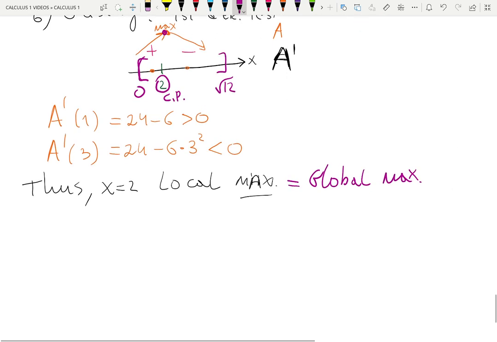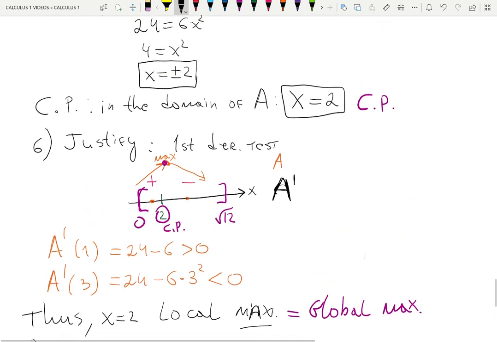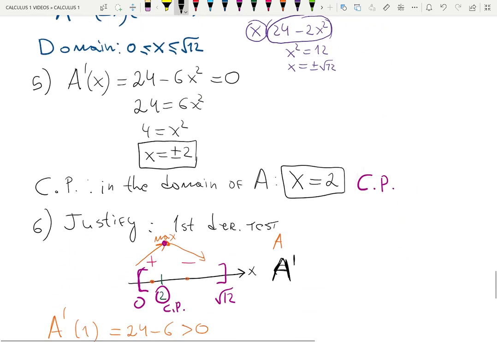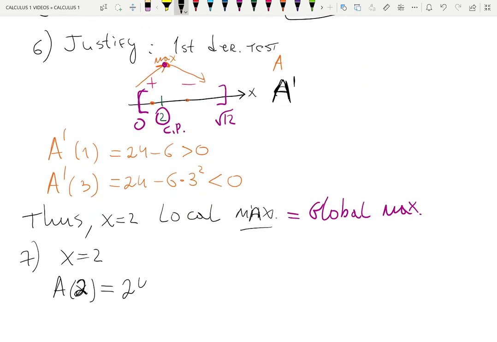This almost gives us the answer. We were asked to find the dimensions of the rectangle. Thus, for the last part, we need to substitute x equals 2 into the function of x. So area at 2 will be 24x minus 2x cubed: 24 times 2 minus 2 times 2 cubed.